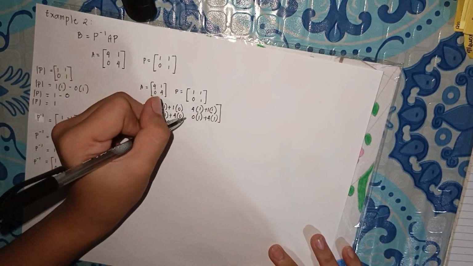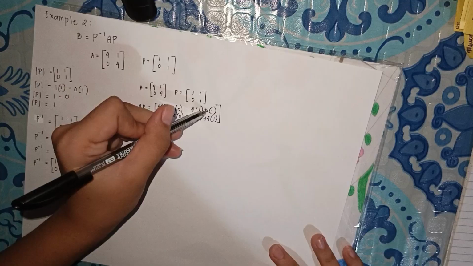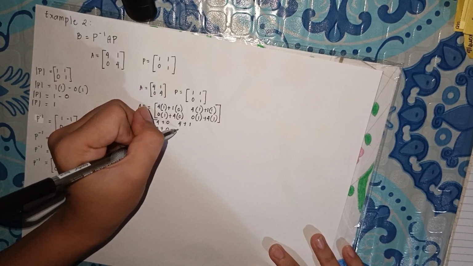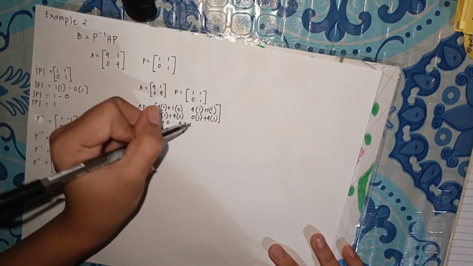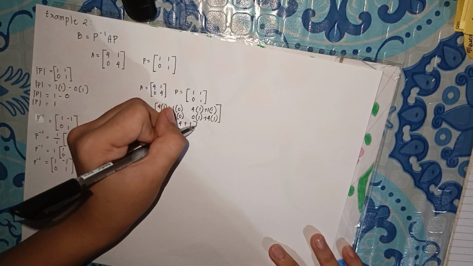Next is 4 times 1 is 4 plus 1 times 1, 1. 0 times 1 is 0 plus 4 times 1 is 4.